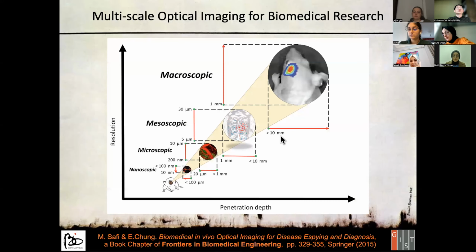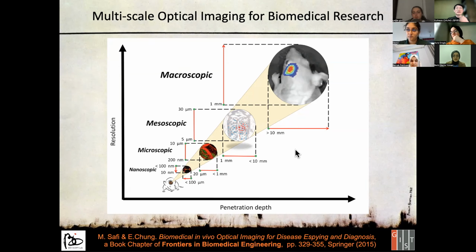Let me start with a picture which I made for a review paper, actually in a book chapter. I'm discussing optical imaging, limiting my discussion to light for biomedical research.